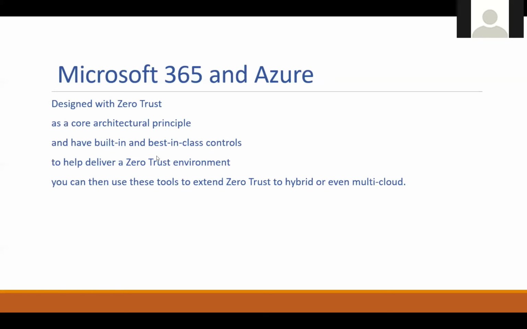And to have best-in-class built-in controls so that the setup wouldn't be so difficult, and that basically these control services could be turned on and quickly configured in order to help deliver a zero trust environment.